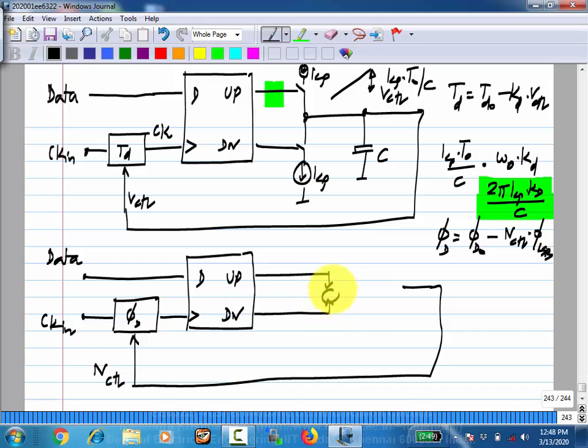Of course, this is just one bit, so you can have an up down counter, where up makes it count up and down makes it count down. I will show that as up minus down, and here I have an accumulator. And this will do exactly the same thing. Is this okay?